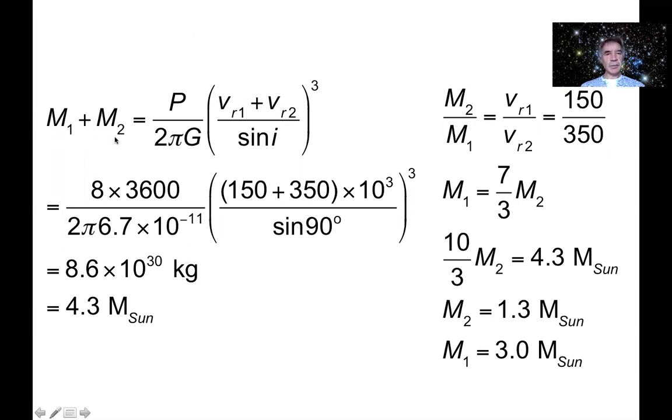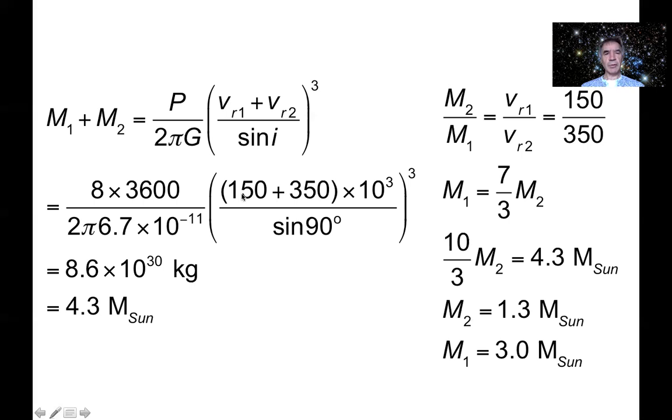Okay, so let's do the sum of the masses part first. You need to substitute everything in again, make sure everything's back in SI units. So the period is 8 hours, so convert to seconds from there. And then you've got the radial velocities.